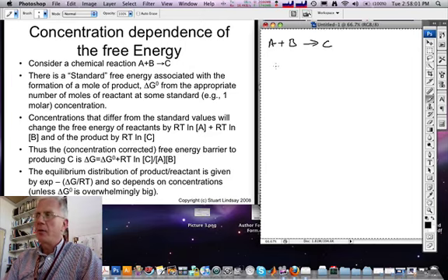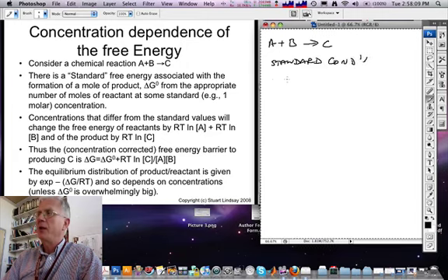Now, normally this will be measured in standard conditions, and the free energy difference driving this reaction is usually quoted for 1 molar A, B, and C at standard temperature and pressure. And this is given the symbol delta G0.